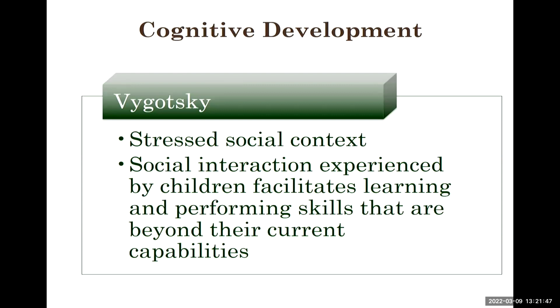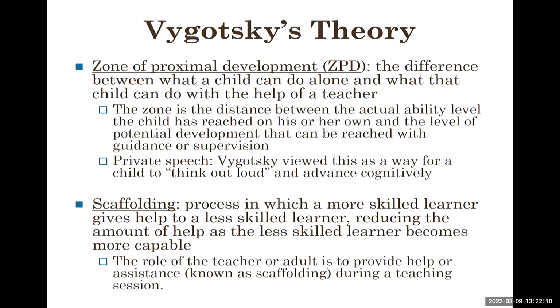Vygotsky really stressed the importance of the social context and social interaction. Social interaction facilitates learning. The idea is that adults and older children help children learn and prepare them to learn concepts that they can't yet do. And this is called scaffolding.